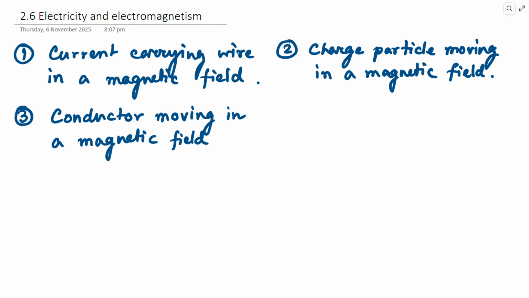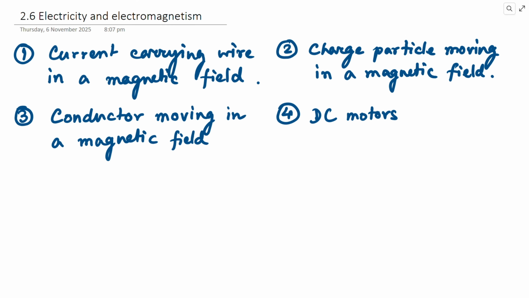And number four is basically application of some of these effects. So the first application we are going to consider is DC motors, which is an application of the interaction of a current carrying wire with a magnetic field.